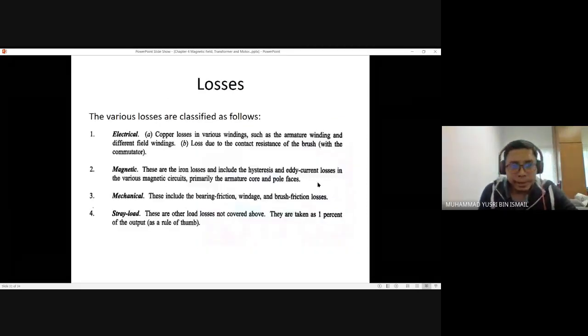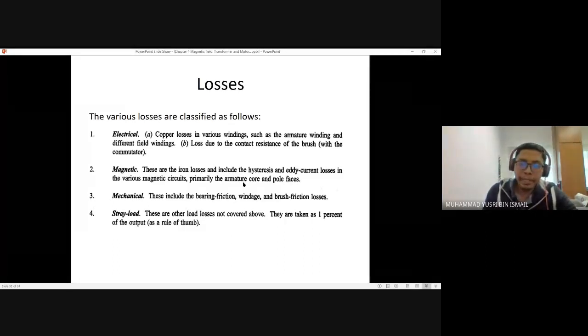Okay. So these are the losses for the motor. For the electrical, the copper losses in various windings, such as the armature winding and different field windings. And then the magnetic, these are the iron losses.